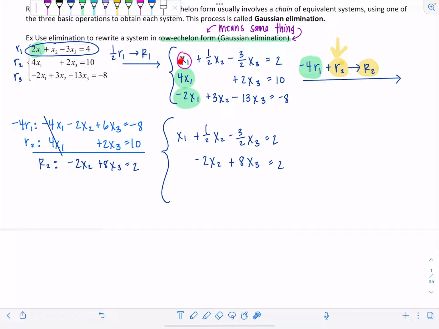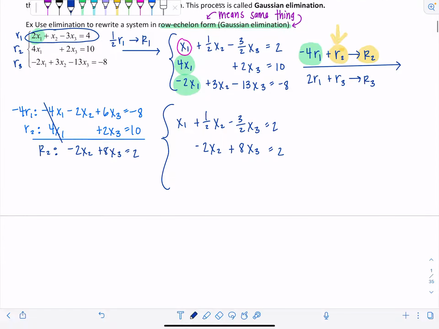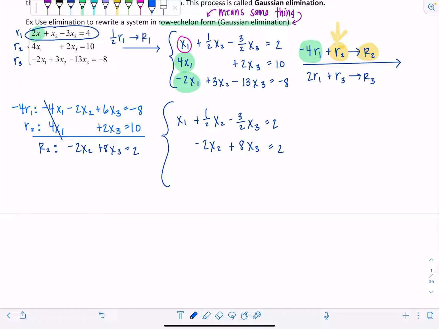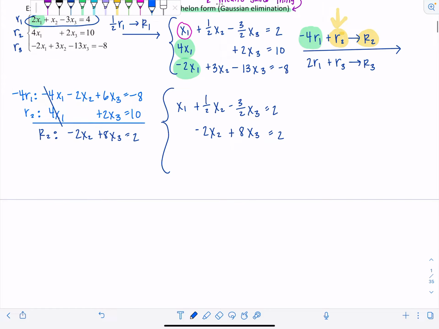Using this x1, using that top row. Well, I really wish that this was a 2x1. That way I could add it to that third row and create a 0. So that's what we're going to do. I'm going to take 2 times row 1, add it to row 3, and that's my new row 3. All right, let's do a little scratch work off to the side. And then when you get good, you don't need to do the scratch work.